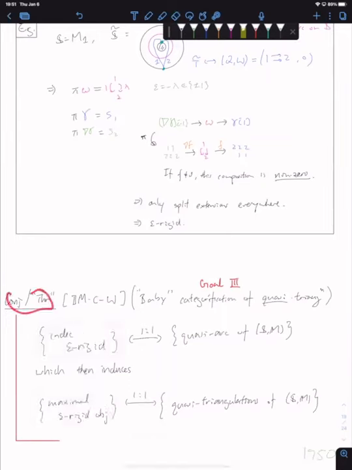I'm saying conjecture slash theorem because I wrote this theorem down a week ago, so it's not double-checked yet, but I believe everything should work fine. So what we have is that indecomposable epsilon rigid objects correspond to quasi-arcs of your non-orientable surface, and pretty much by the definition of epsilon rigid object, the maximal epsilon rigid objects correspond to quasi-triangulations of the non-orientable surface.